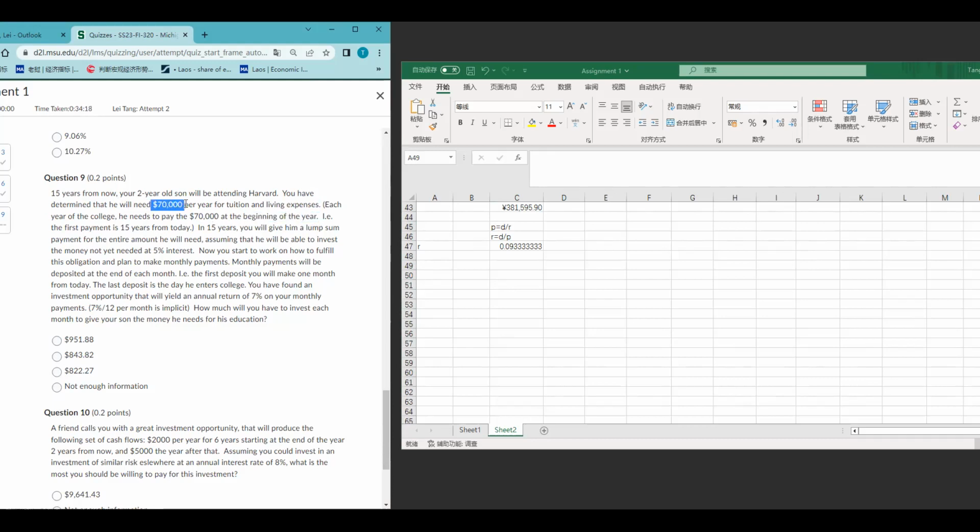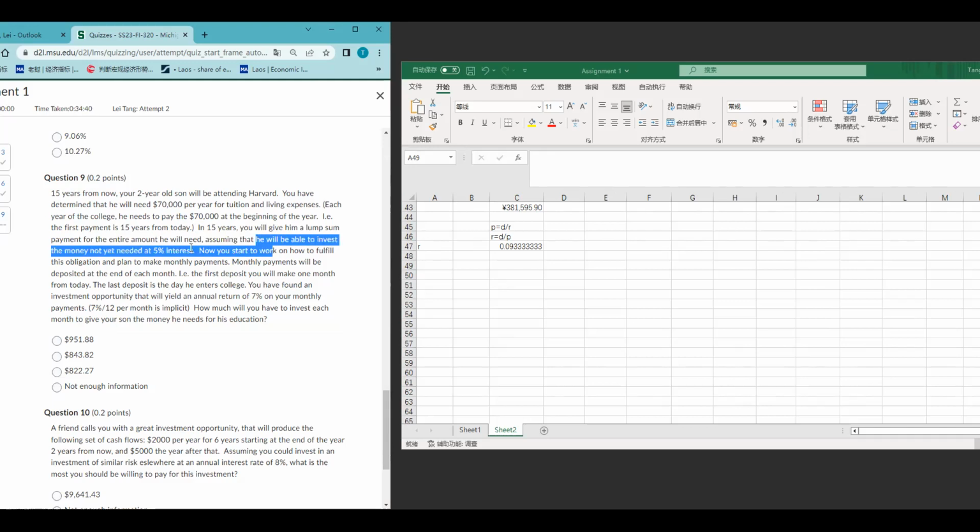He needs 70,000 each year for 4 years, right? Yeah, for 4 years. First payment 15 years from today, you will give him a lump sum payment for the entire amount he will need.